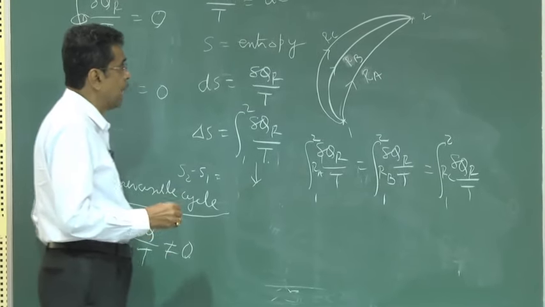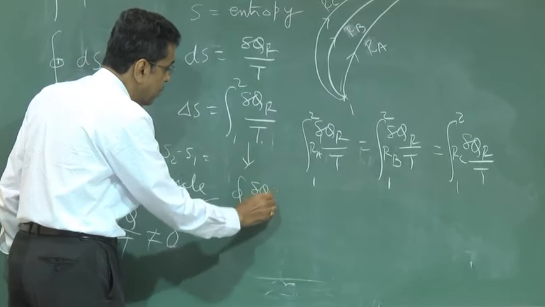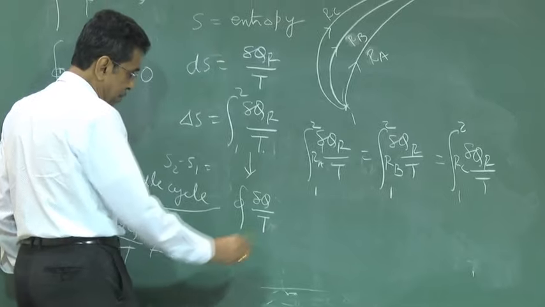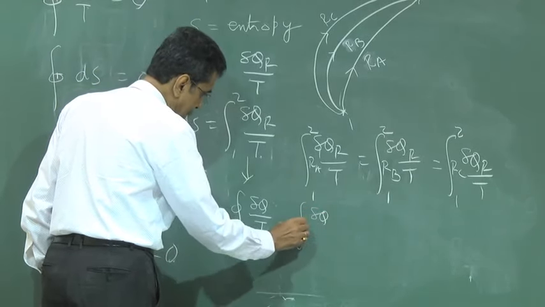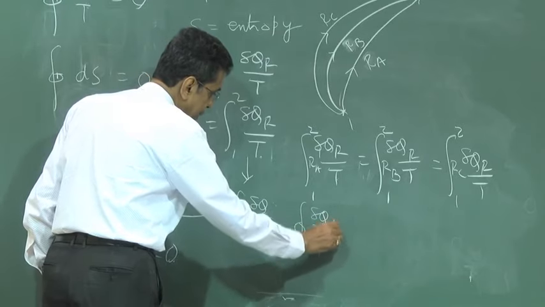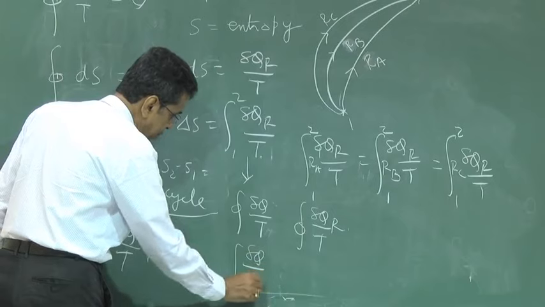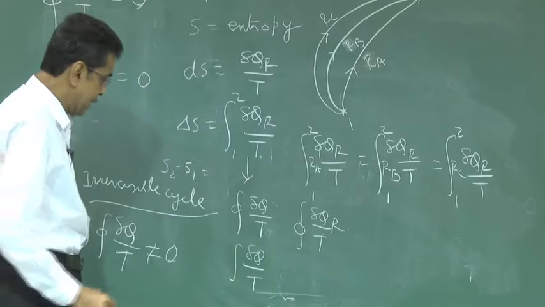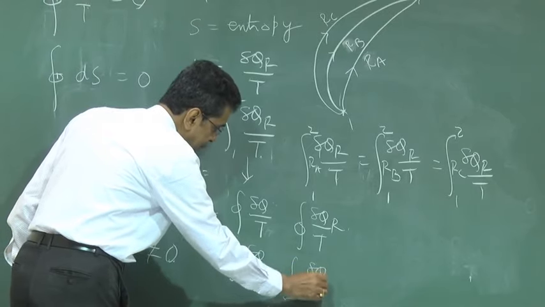Now, the question comes: what is the value of the cyclic integral of del q by T in an irreversible process as compared to the cyclic integral of del q by T in a reversible process, or the integral of del q by T in a single process compared with its counterpart in a reversible process?